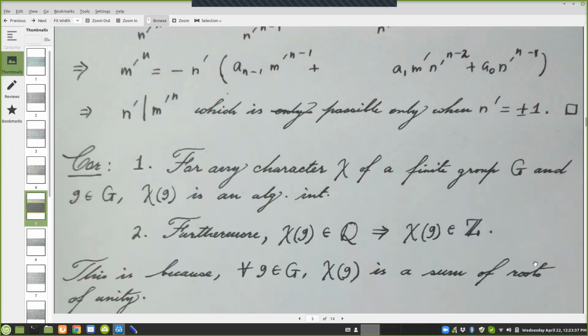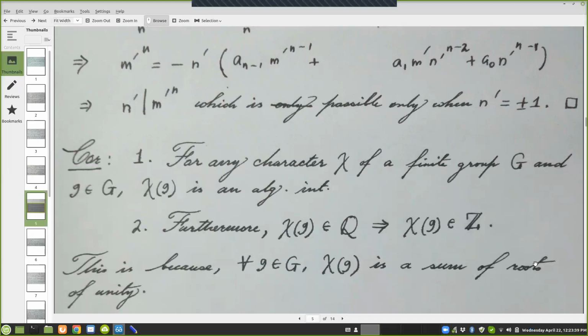Okay, so we will derive two corollaries from these properties. First of all, so far we have discussed the algebraic integers and their properties. Now I will tell you how and why they are relevant to our context of representation theory.